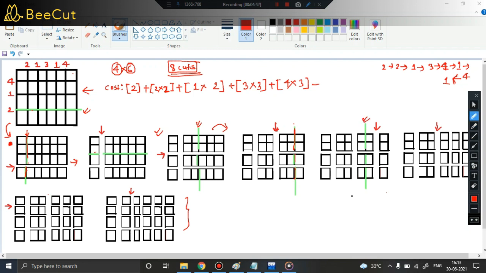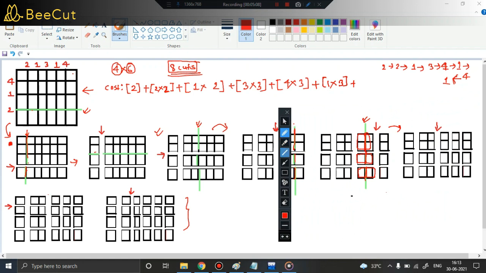Cost of this edge is basically 1, right? So plus 1 into how many times? Once I cut this block, second time this block, third time this block, because you see this piece is separated from this piece and it is separated from this piece. So you are going to first cut this, lift your knife up, cut this, lift your knife up, cut this, 3 times. Plus, now this is how my Cadbury bar will look like.